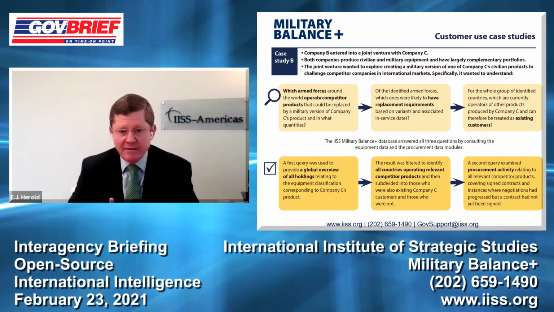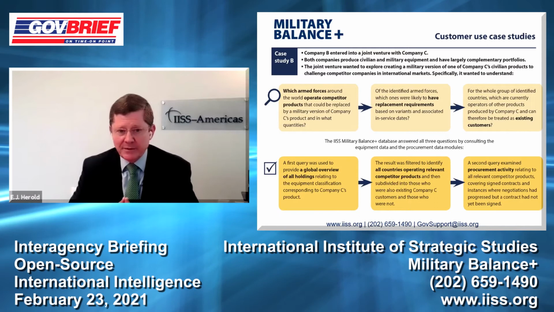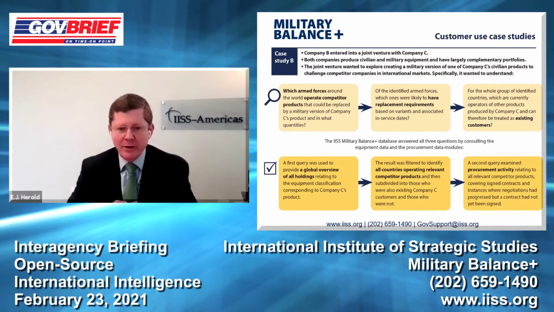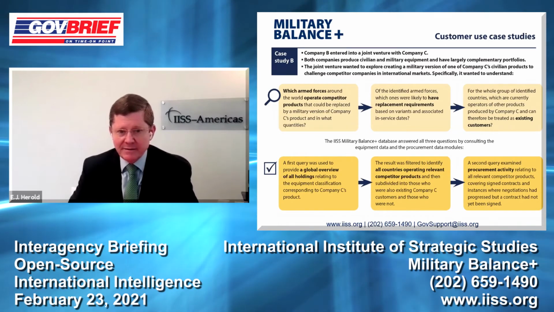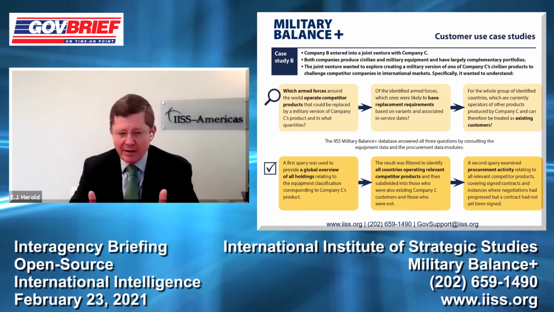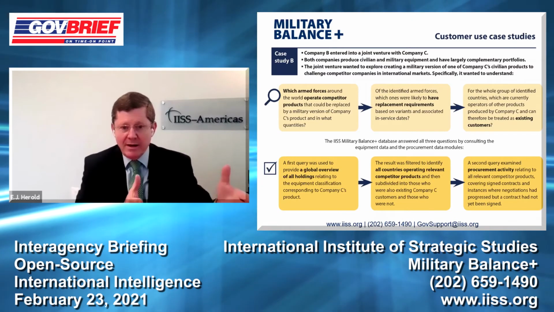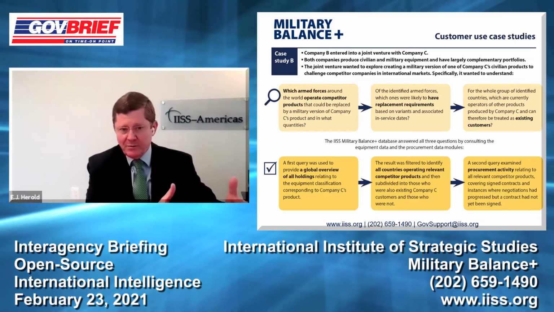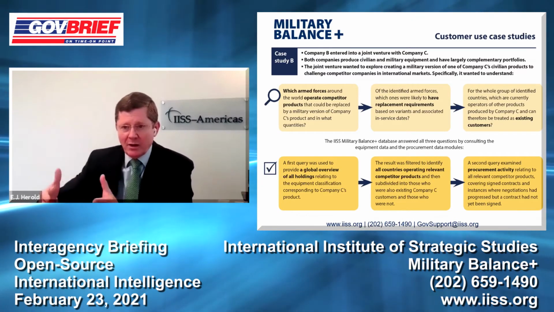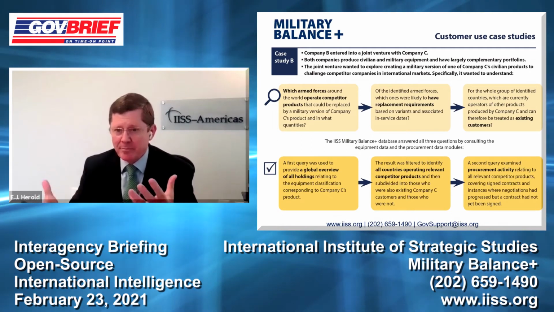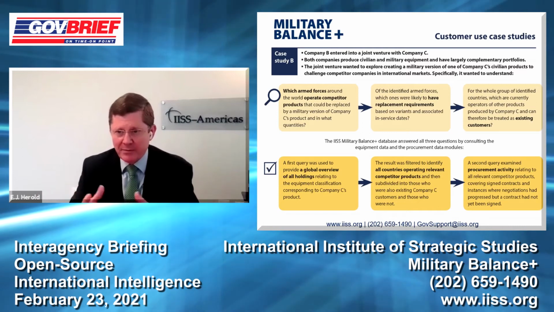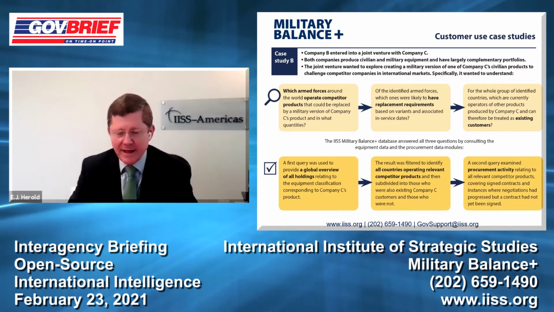The result was then filtered to identify those countries operating relevant competitor products and subdivided those into those where Company C was a customer and where Company C was not a customer of those countries. So you have the competitive landscape mapped out with that revision.